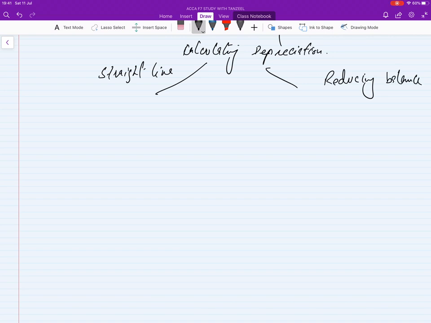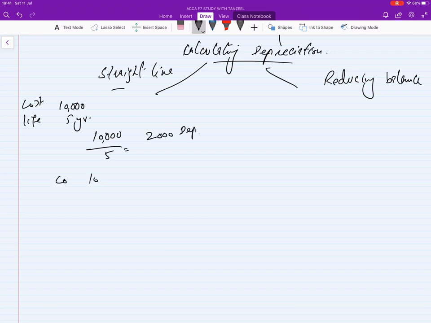One is straight line. Straight line means just a number divided by number of years. If you have 10,000 cost and you have the life of 5 years, then 10,000 divided by 5 years will give you 2,000 depreciation.